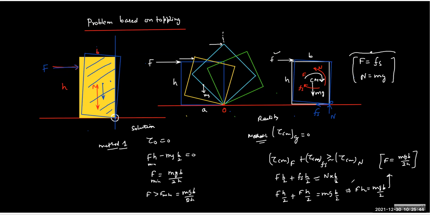Here the friction is sufficient, so we are not considering that the bottom is slipping. We are assuming that friction is sufficient to prevent slipping.